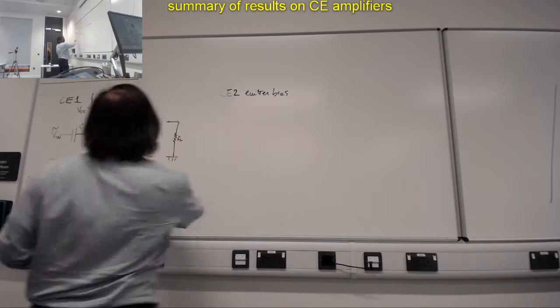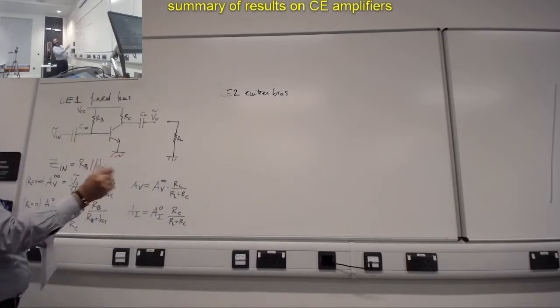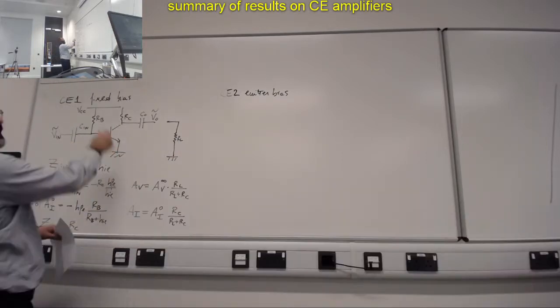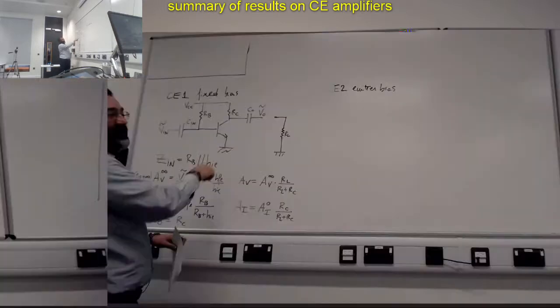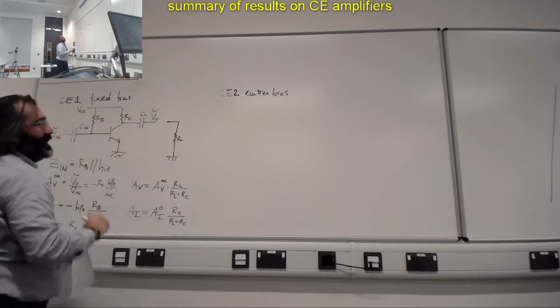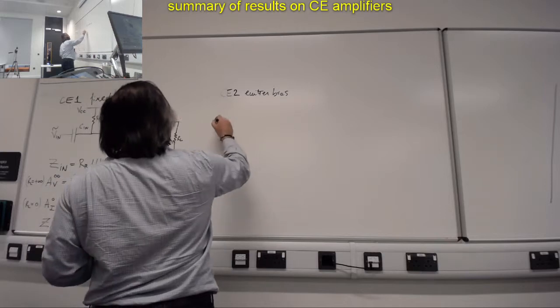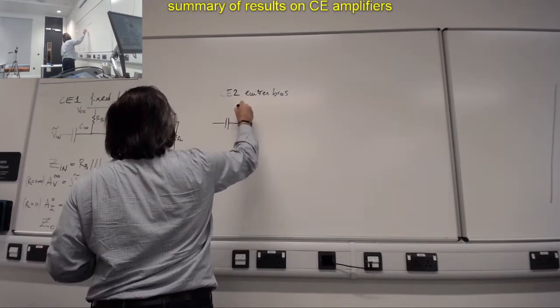It means, is there a copy and paste on this board? It's all this with an additional emitter resistance with a capacitor, if you remember. So I'll try to quickly just redraw that.